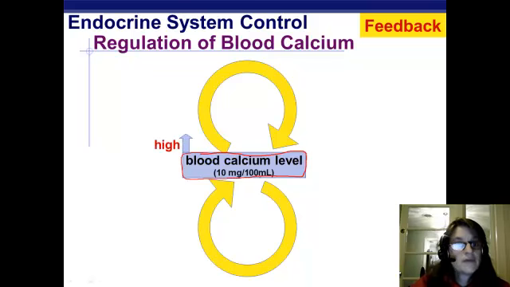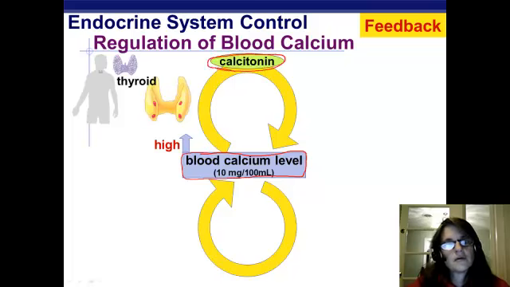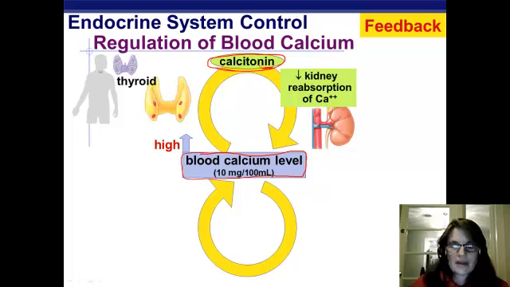Okay? Well, if we get too high, the thyroid, once again, will recognize that. And the thyroid will begin releasing a hormone called calcitonin. This "in" should indicate to you that this is a protein-based hormone. If you'll remember, pepsin was a protein, and so on. That "in" is typical of a protein ending.